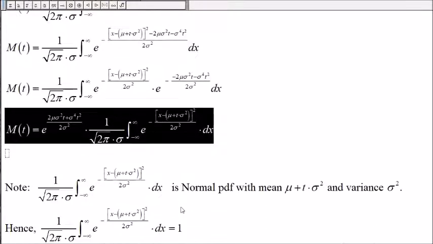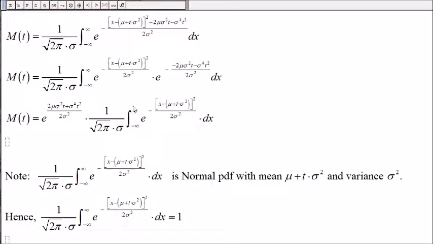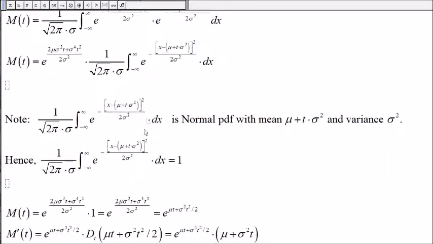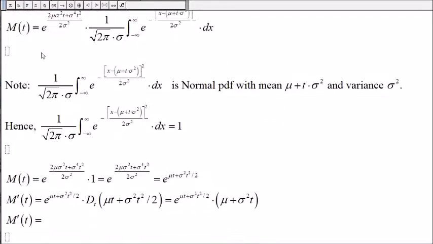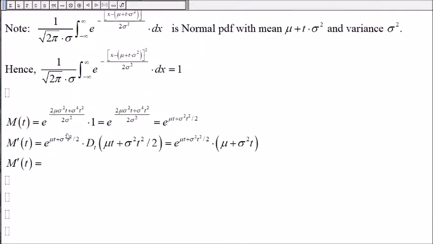And therefore, this integral right here is equal to 1. And so the moment generating function is equal to this, and then times 1.